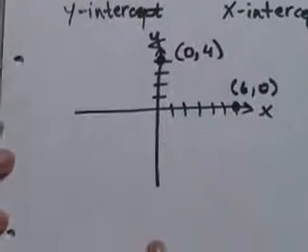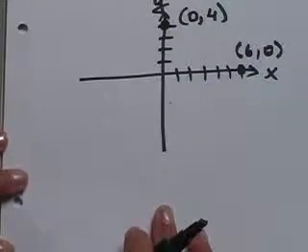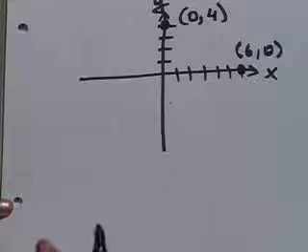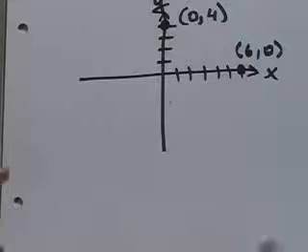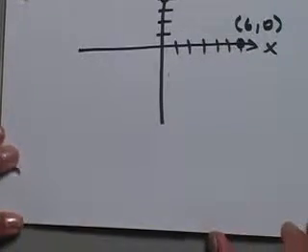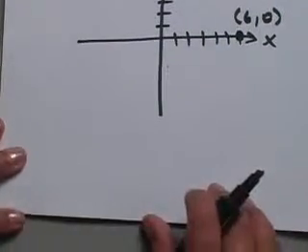And how do we find them? You find them by basically making one of the variables 0.